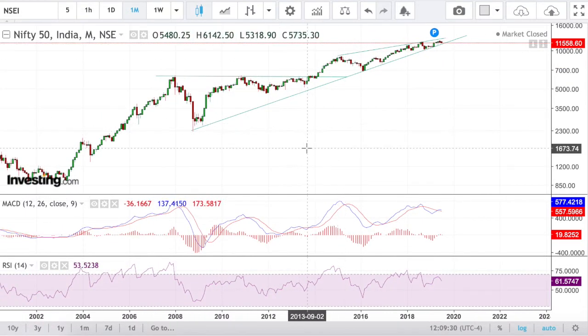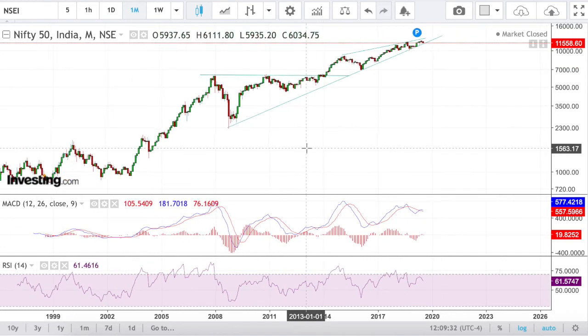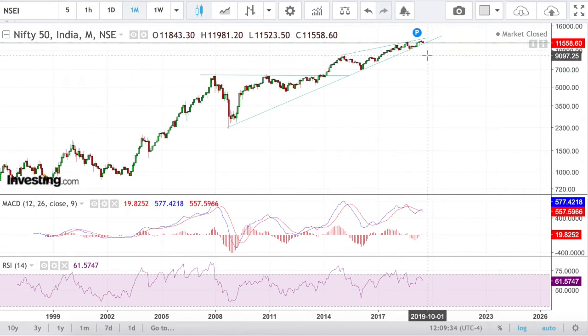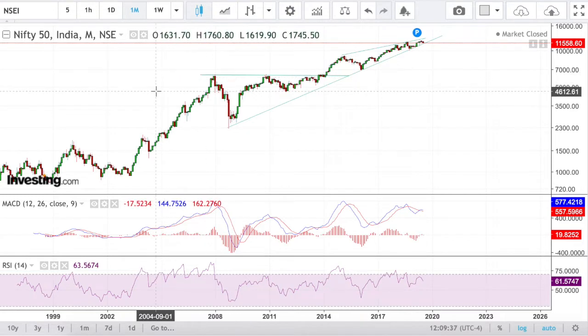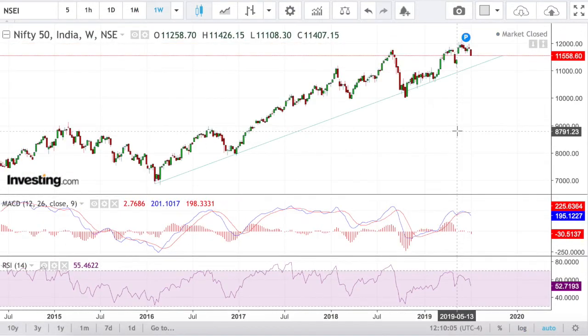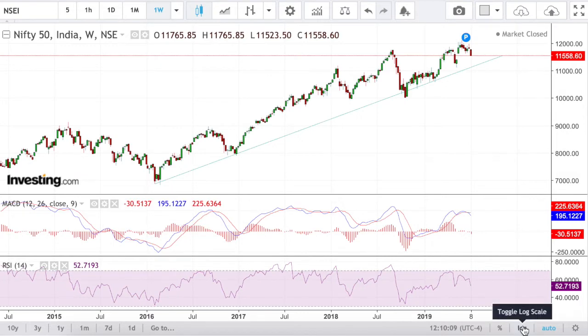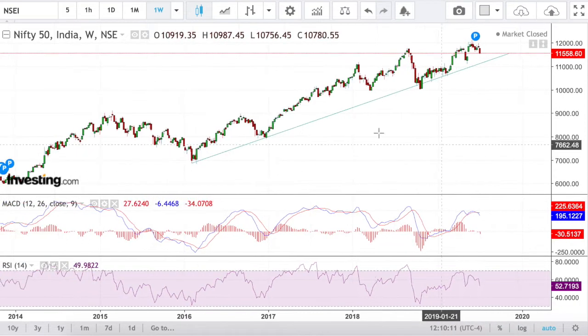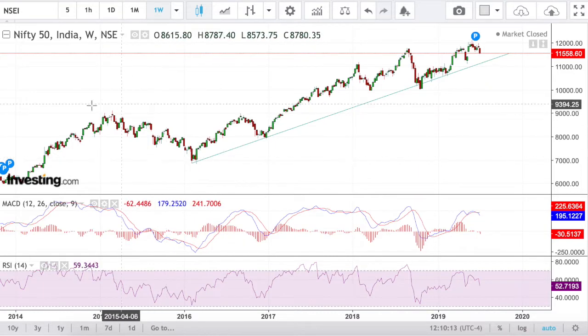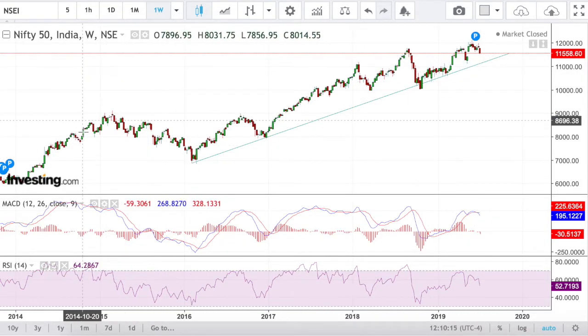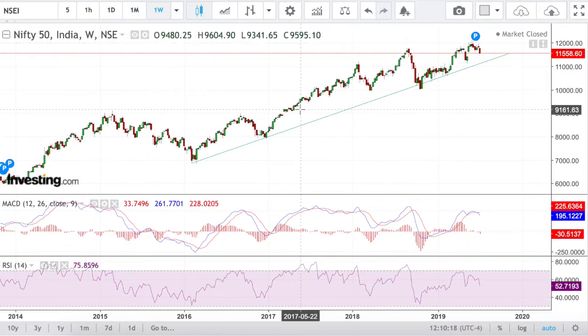All right, so I'm going to review the weekly chart now and go into more detail as to what kind of correction we're likely to see. So for the weekly chart, I actually turned off the log scaling, as you can see, and that is just because we do not have as much price variation in the weekly charts as in the monthly charts.